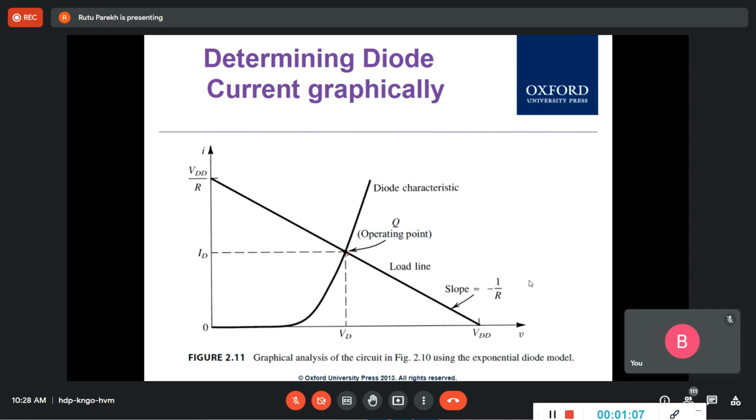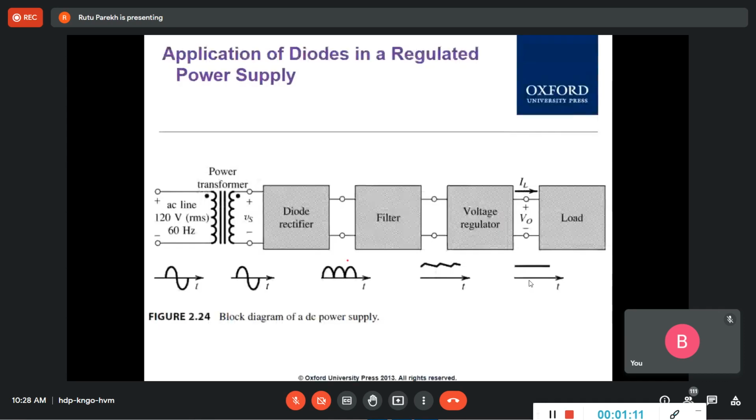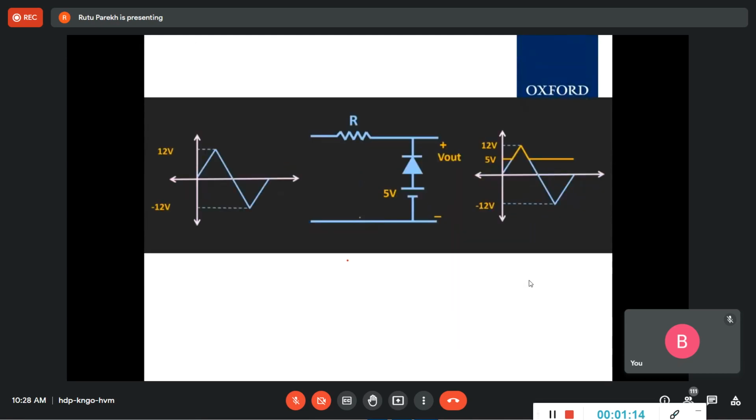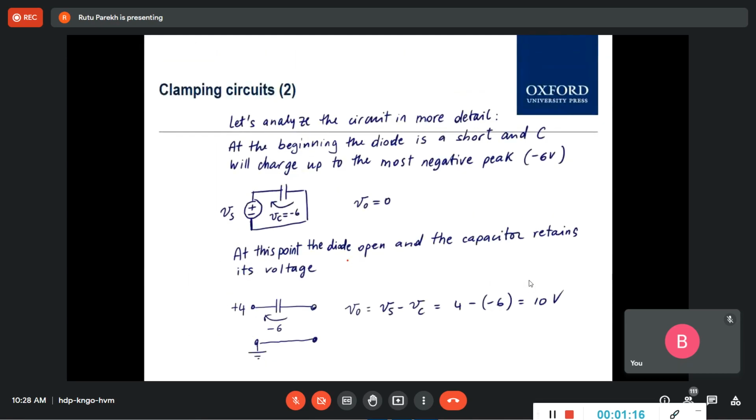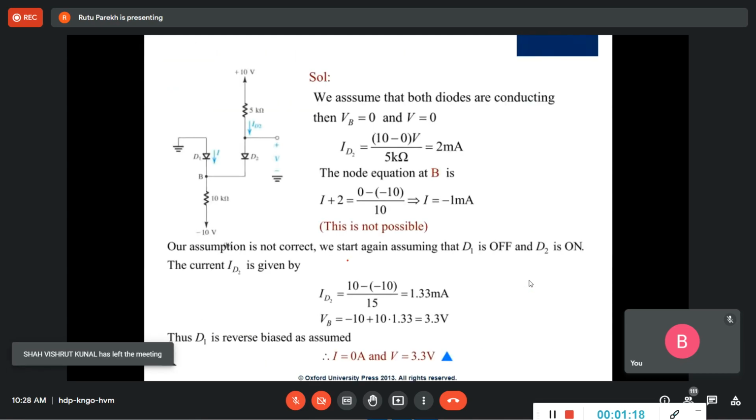So now, in this example, what is given to you? Keep it in your mind.